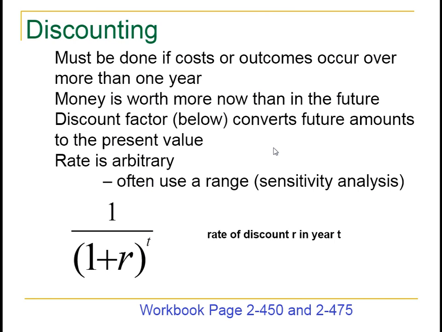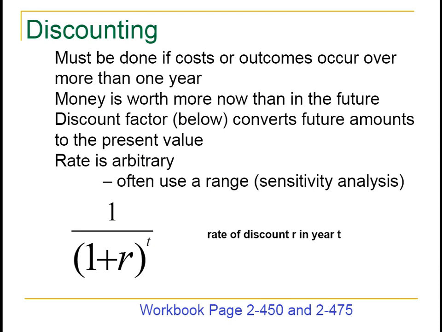The rate is arbitrary. You may use a government rate, you may use the literature. It's not really an inflation rate. There are some other aspects, but it is considered the amount of the opportunity cost.